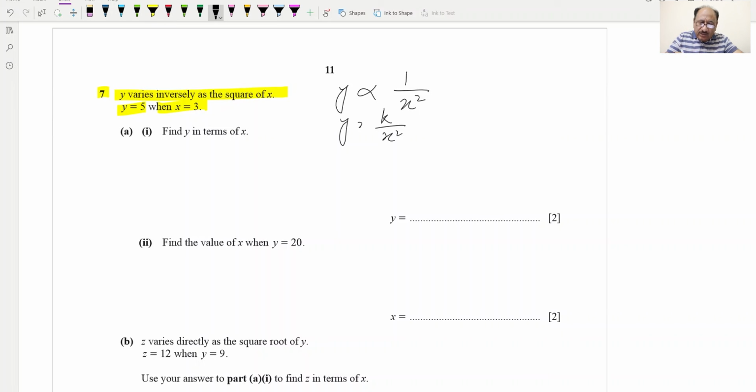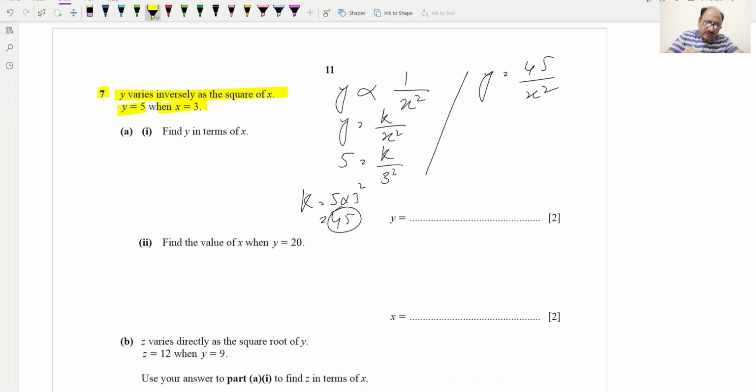So 3 squared. So it means k is equal to 5 into 3 squared, which is equal to 45. So our equation will become y is equal to 45 over x squared, and they are saying find y in terms of x. So this will be y is equal to 45 over x squared. This is a 2 mark question which we are done.